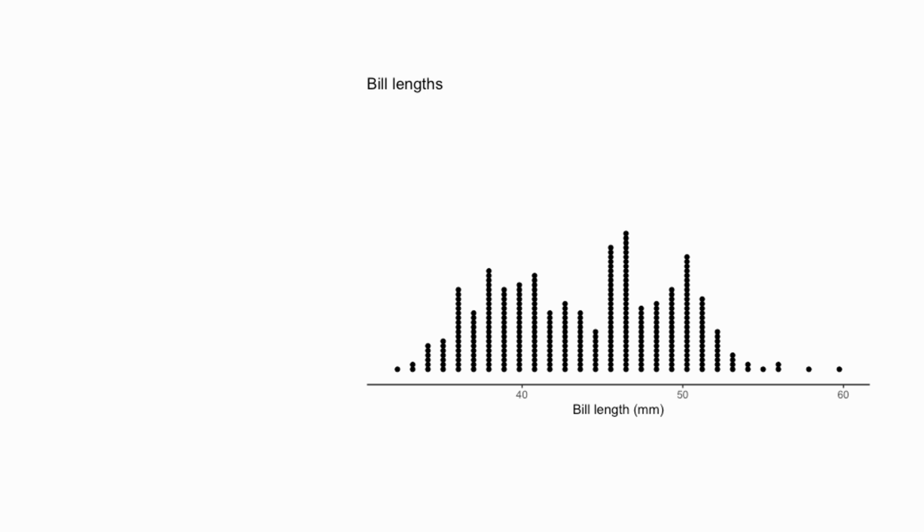We also can notice that there are some specific rounded values or bins that have a large number of observations. The biggest one is about halfway between 40 and 50. There's also a smaller one just above 50, and then a less well-defined one down around 40.